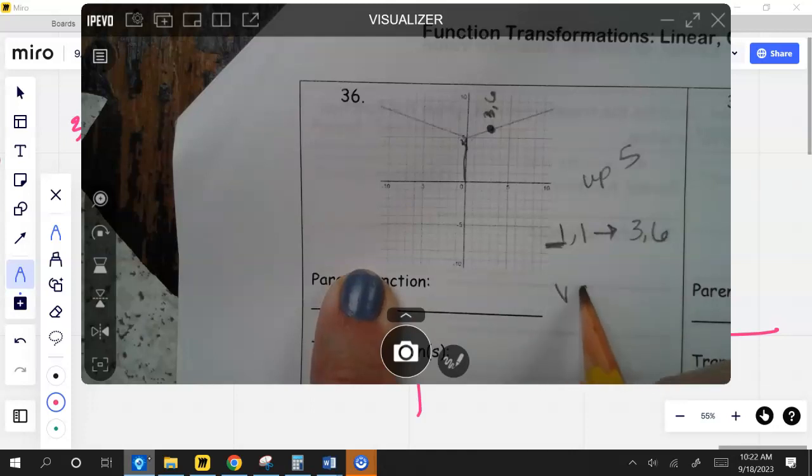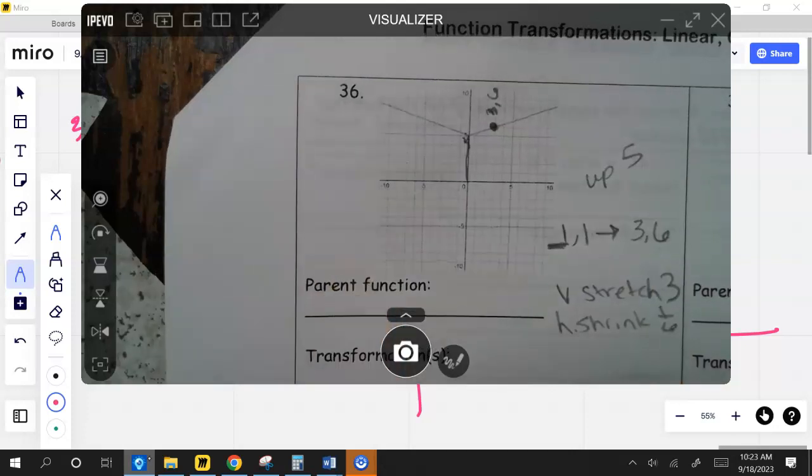So I've done a vertical stretch of 3. And then what about horizontally? I multiplied it by 6. Opposite, shrink, 1, 6.